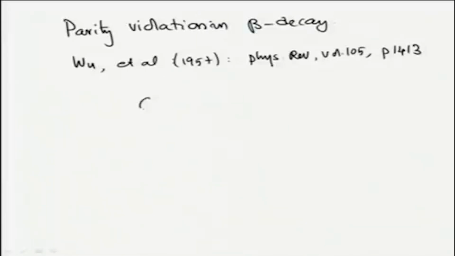The experiment was basically conducted with a radioactive sample of cobalt, which, as we said in the earlier slide, could decay into nickel, an electron and an antineutrino. Parity says how things behave under spatial inversion.